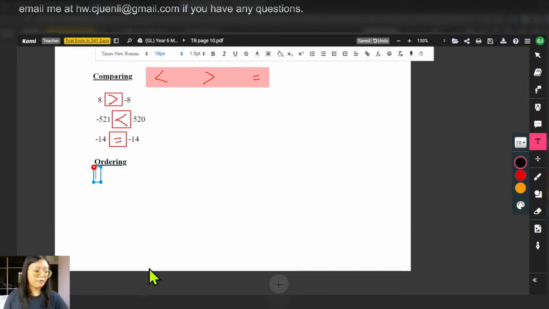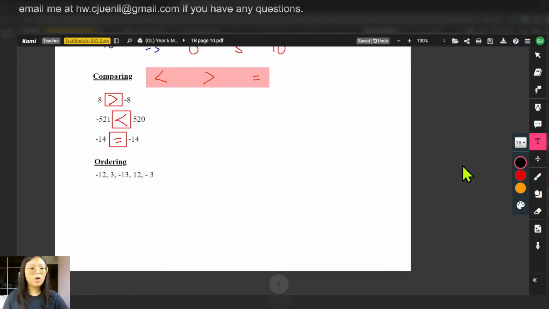So let us put over here, maybe I have negative 12, I have 3, negative 13, we have 12, and maybe negative 3 over here. So right now, we're going to do two different things so that we can see the difference, right?